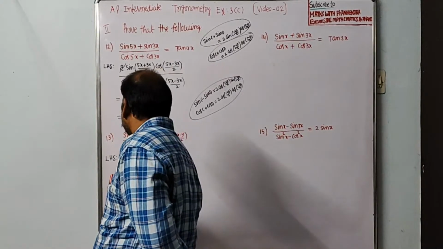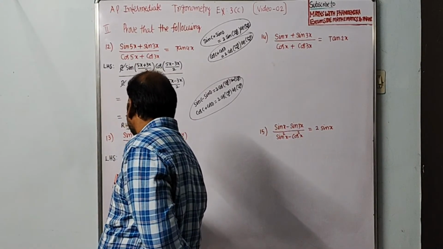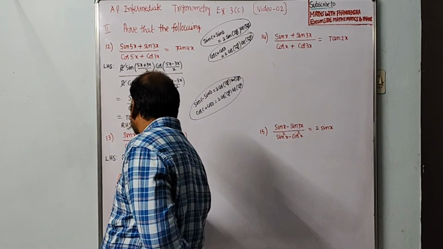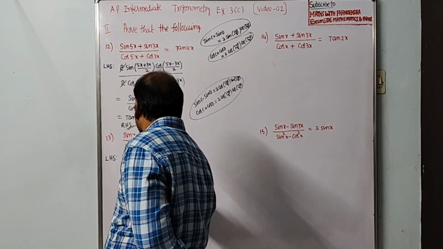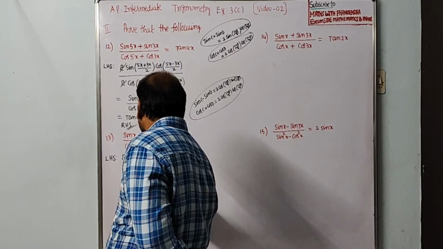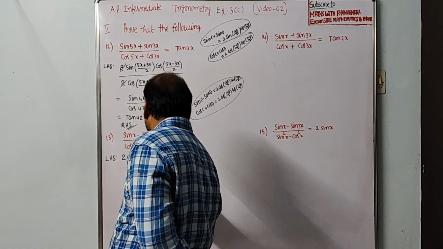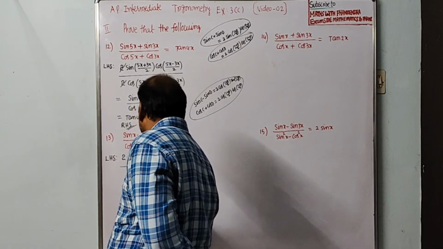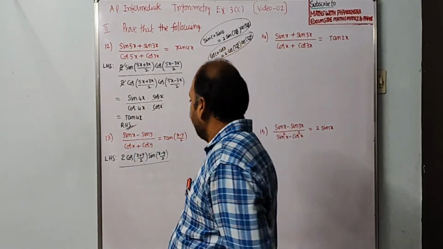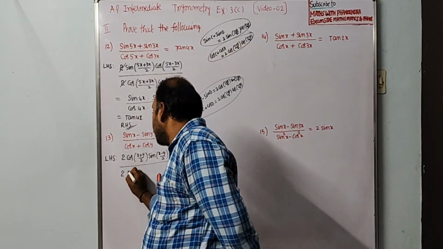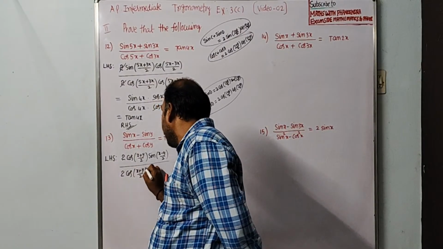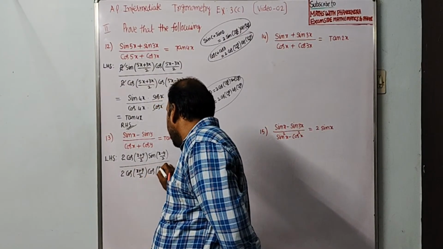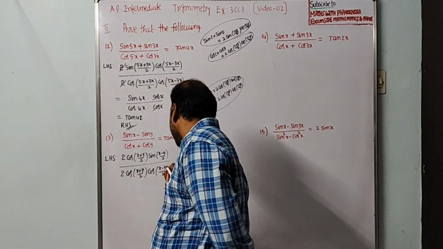So numerator 2 cos x plus y divided by 2 sin x minus y divided by 2, whole divided by cos c plus cos d, 2 cos c plus d by 2, that means x plus y divided by 2, cos x minus y divided by 2.